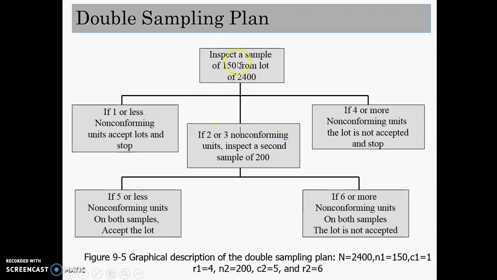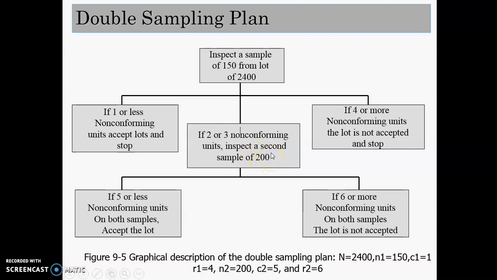If the defects from the 150 are 2 or 3 non-conforming units, inspect a second sample of 200. If the defects are 2 or 3, the double sampling plan has to be considered.